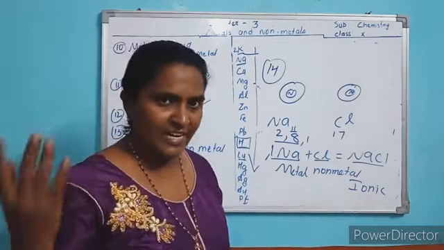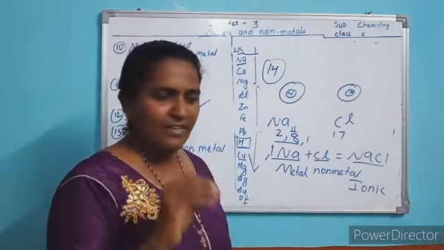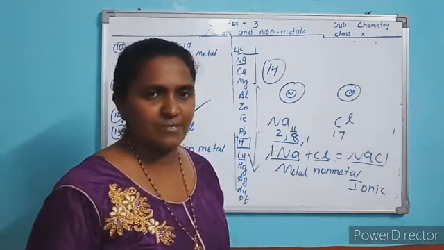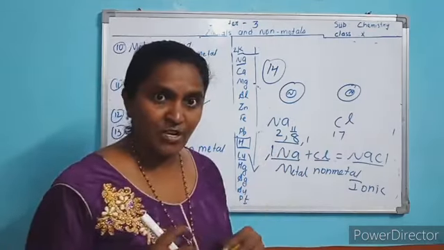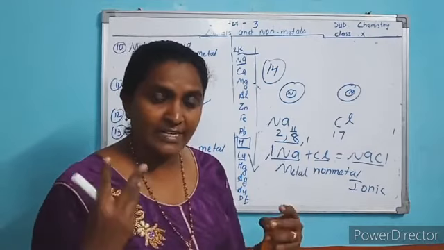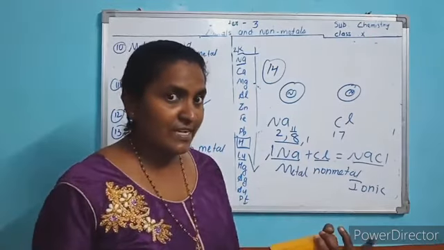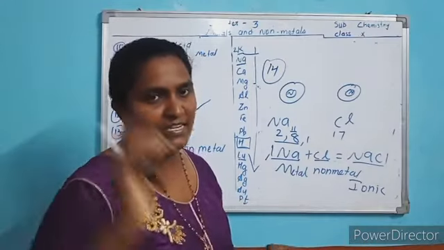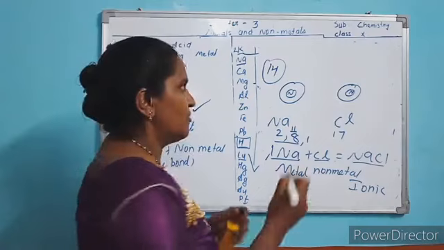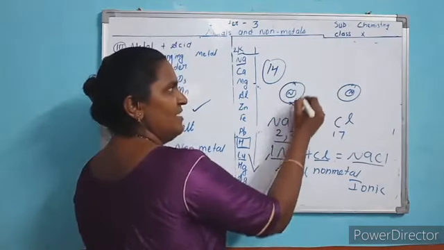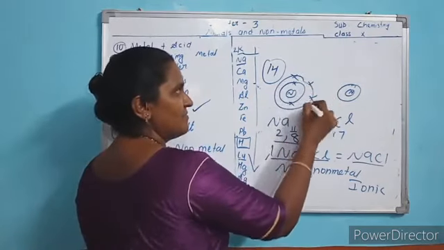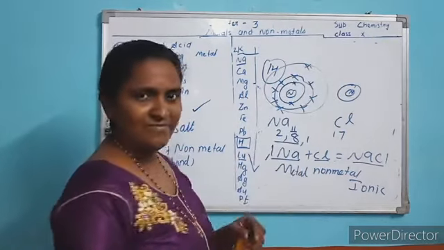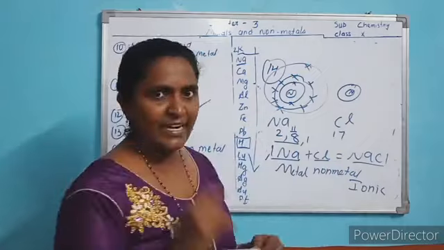Now at this level you study this rule: first shell 2, second shell 8, next shell 8. So among 11 electrons, the first shell can accommodate only 2, the second shell 8. So 10 electrons over, the remaining 1 electron goes to the third shell. So you have 2 electrons, second shell 8, third shell 1. The same way chlorine has 17 electrons, it is fixed.